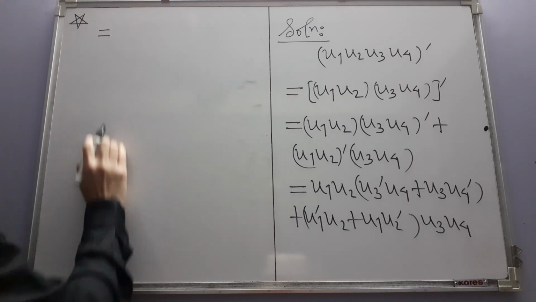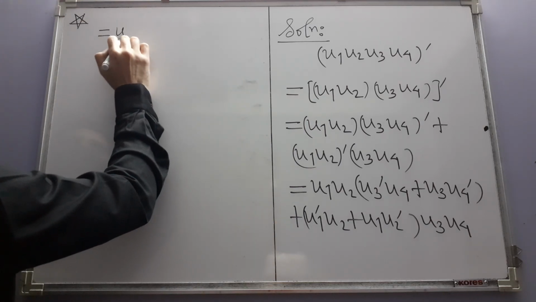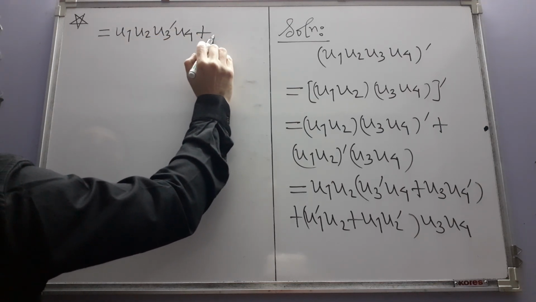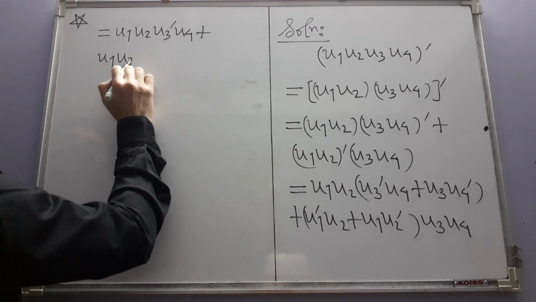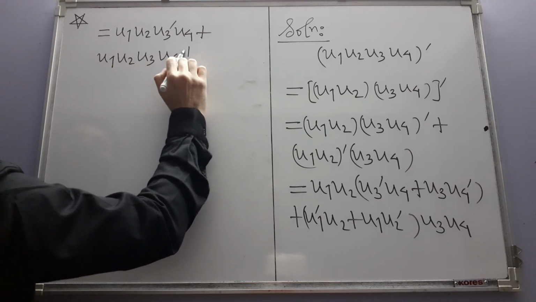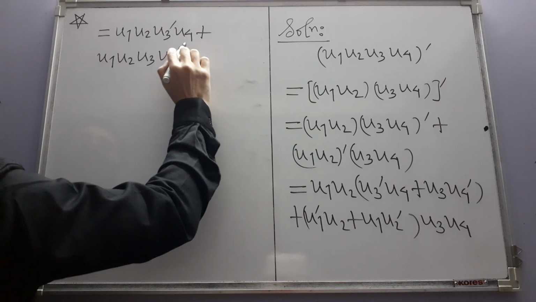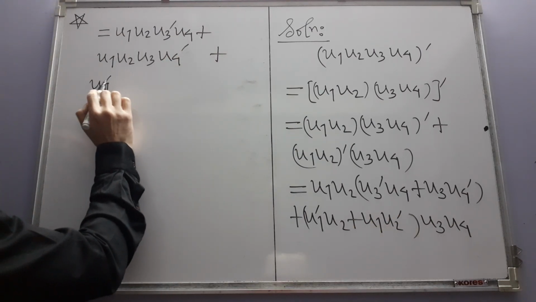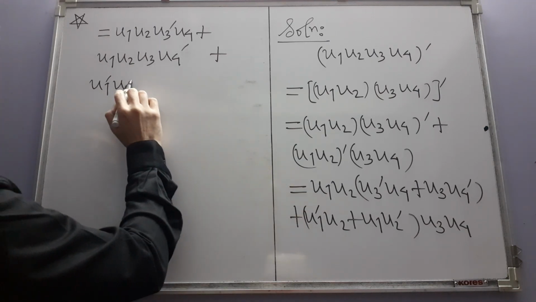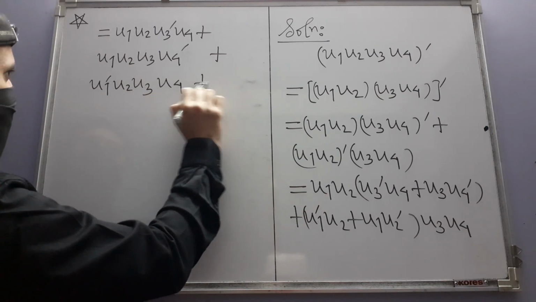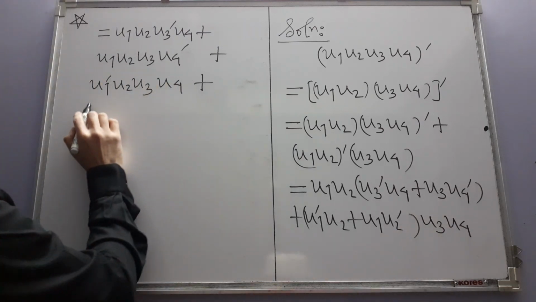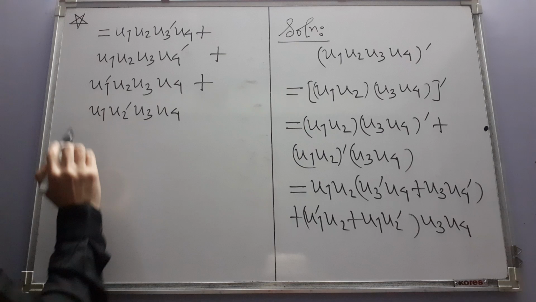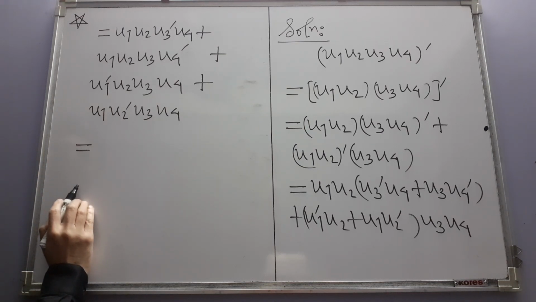So let's do the multiplications first. u1, u2, u3 prime, u4 plus u1, u2, u3, u4 prime, plus, then this one, u1 prime u2 u3 u4, plus u1, u2 prime, u3, u4.